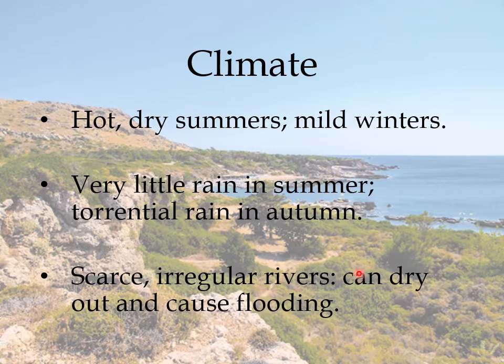This is typical, for example, of the Mediterranean coast in Valencia, where the river can even dry up in summer and then it has a great amount of water that can cause floods in spring or autumn.